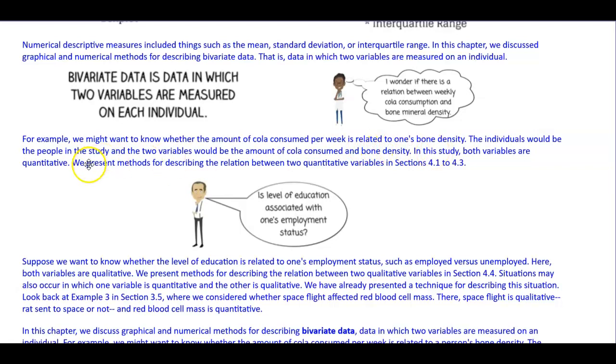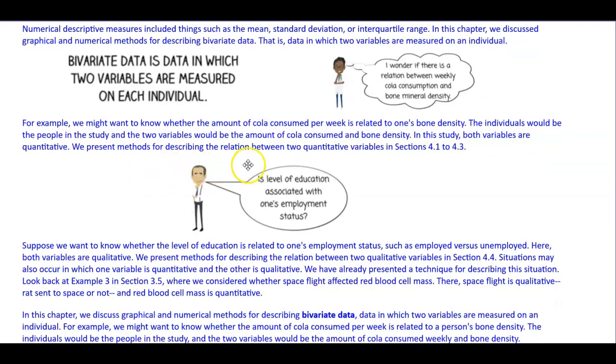The individuals would be the people in the study, and the two variables would be the amount of cola consumed and bone density. In this study, both variables are quantitative. We present methods for describing the relation between two quantitative variables in sections 4.1 to 4.3.